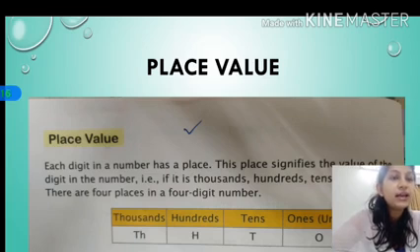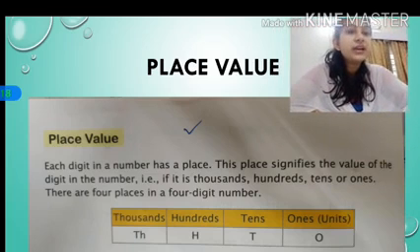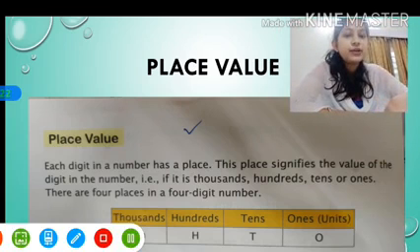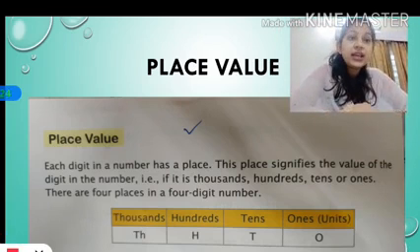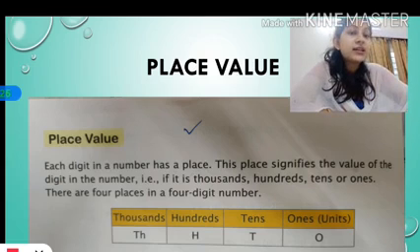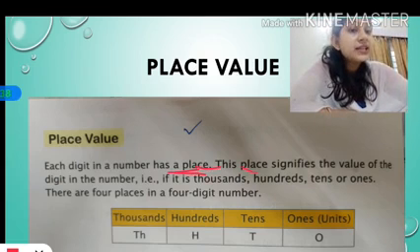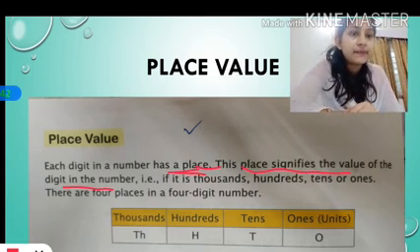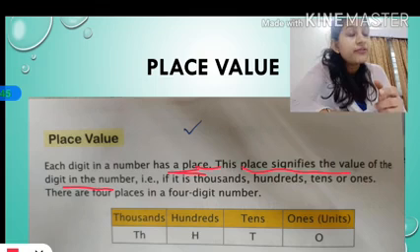Now let's move ahead and understand the concept of place value. So what actually is place value? Every digit in a number has its place, and this place signifies the value of the digit in that number, whether it is 1000, 100, tens or ones.